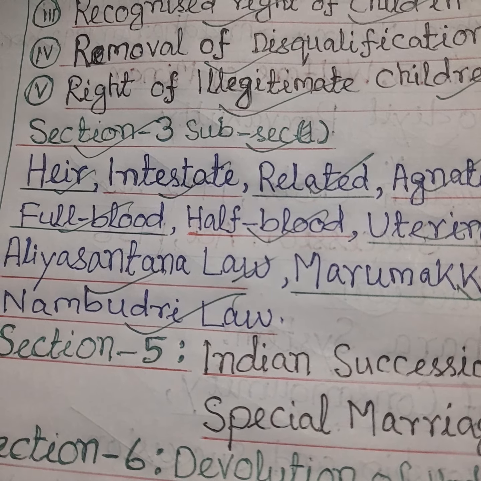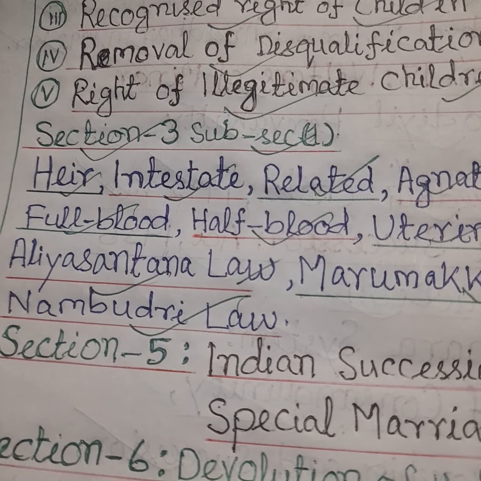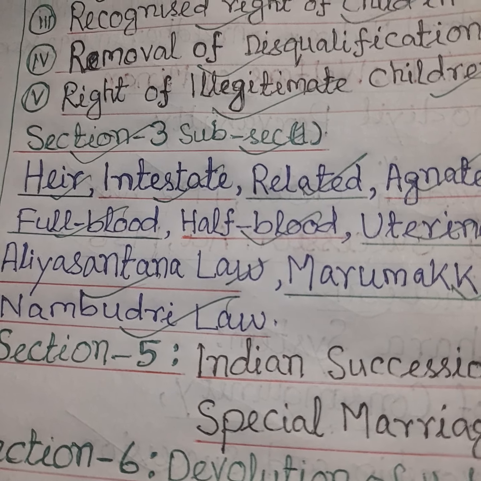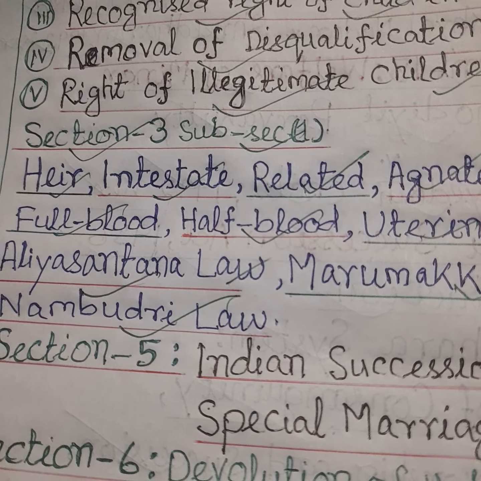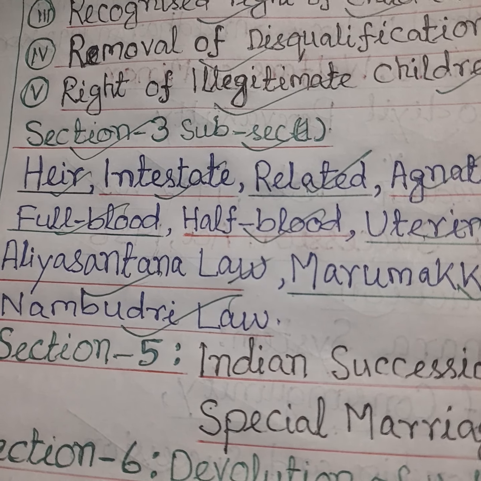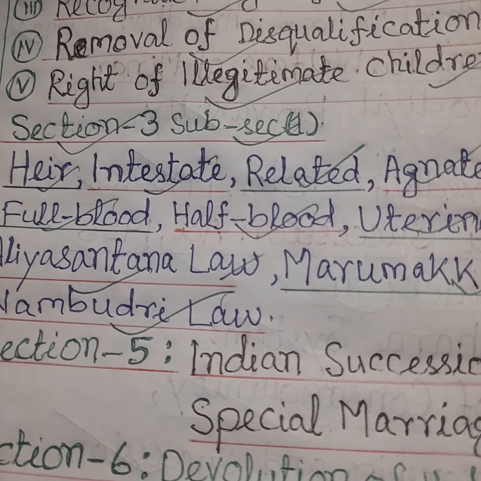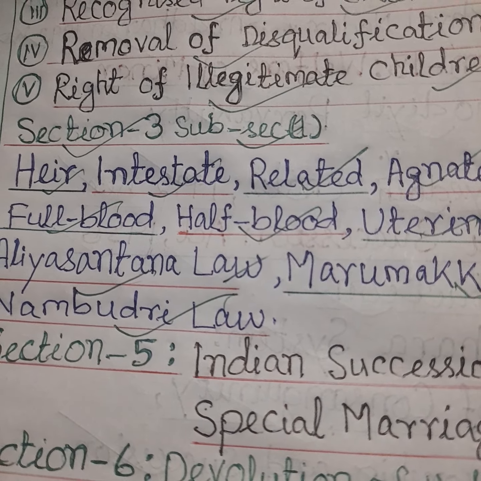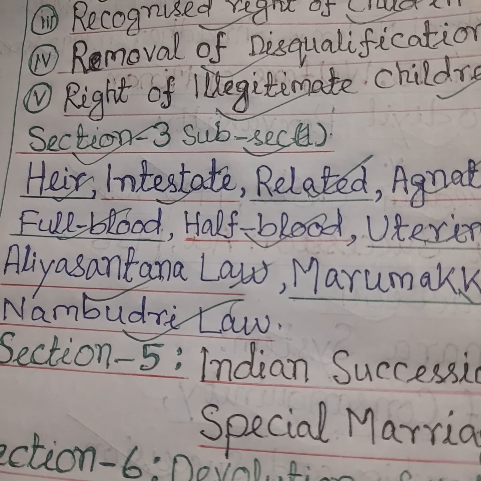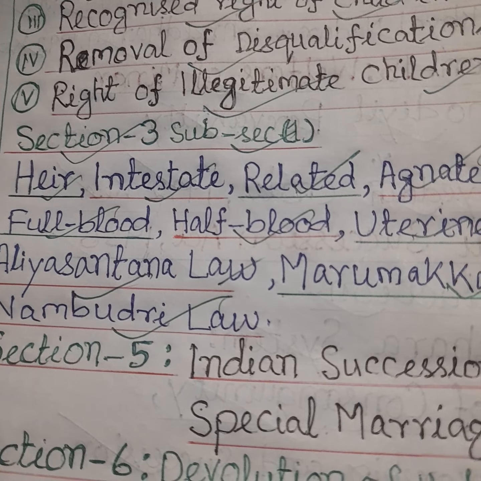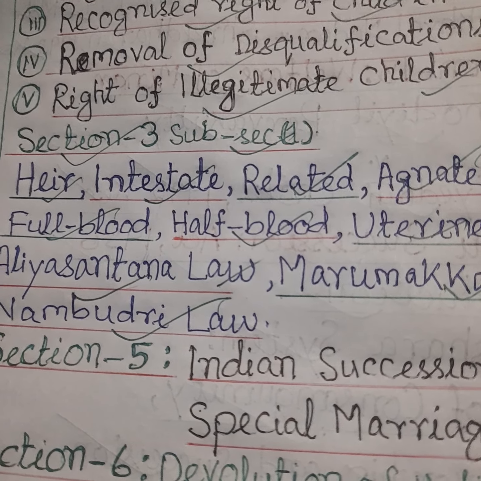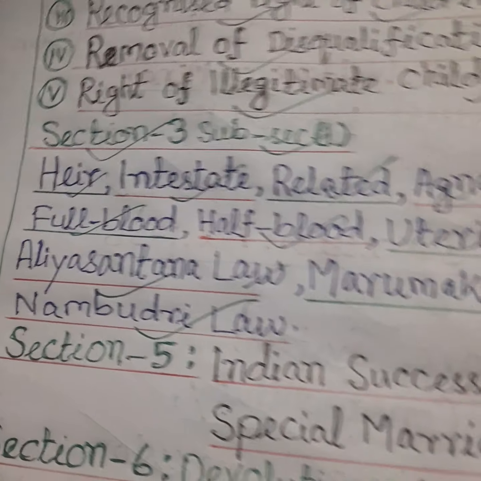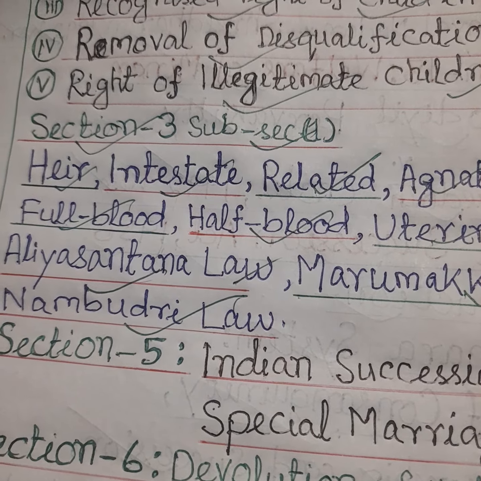Regarding uterine blood, two persons are related to each other by uterine blood when they are descended from a common ancestor but by different husbands. Regarding Aliyasantana law, this system of law is applicable to persons governed by the Madras Aliyasantanam Act 1949 or by customary Aliyasantanam law.